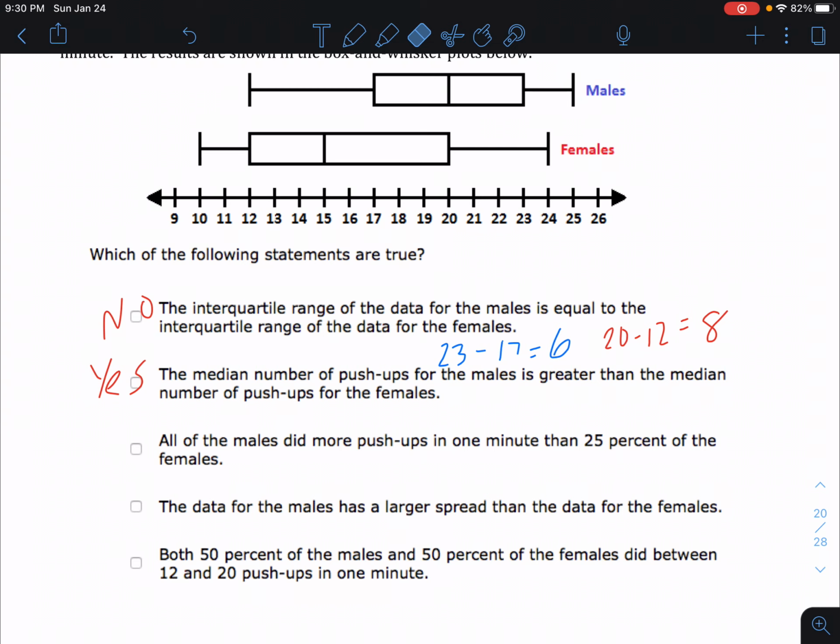All of the males were 12 and above, and then 25% of the females were right here. So you can see all of the males did more than 25% of the females, because that first 25% that I highlighted is just 10 through 12. So that would be a true statement.